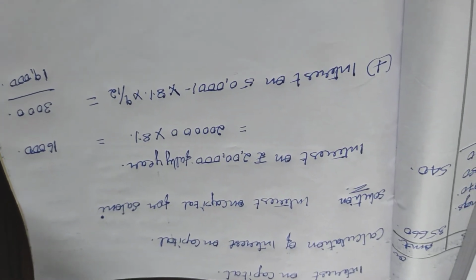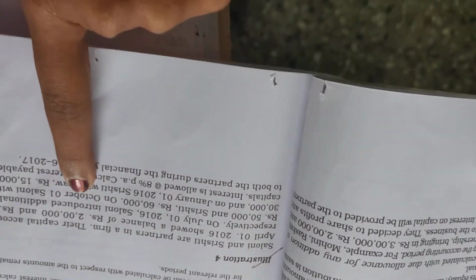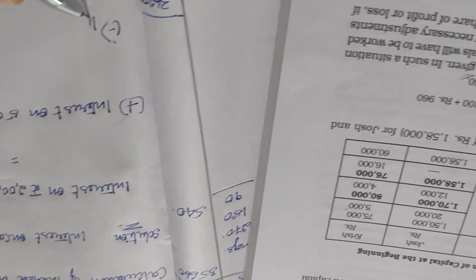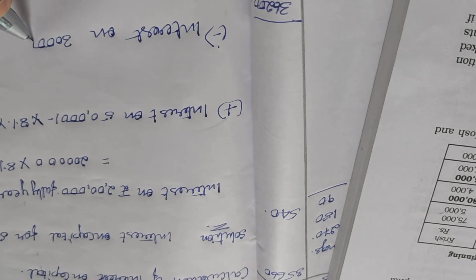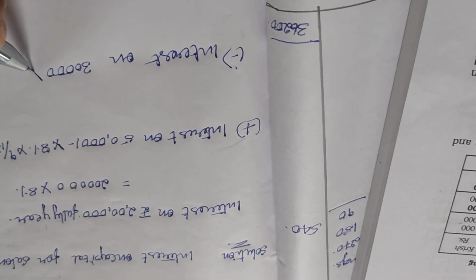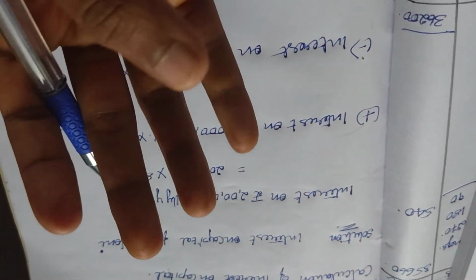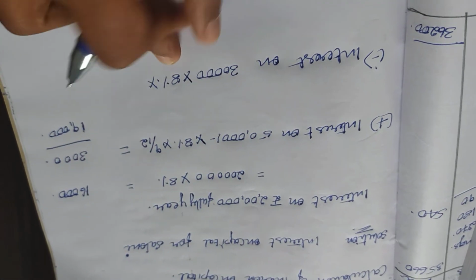They also withdrew money. On October 1st, Saloni withdrew rupees 30,000. So interest on 30,000 at 8%, and she withdrew in October. October, November, December, January, February, March: for 6 months we have to calculate it.